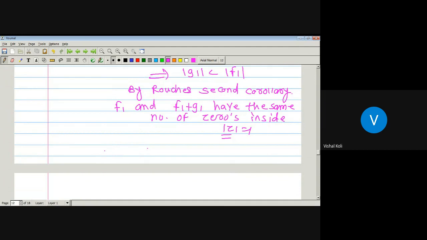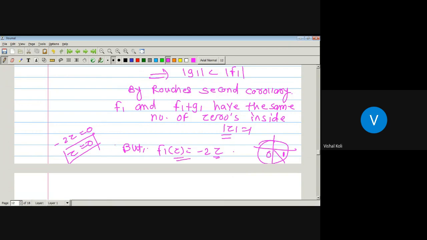Now f1 of z is minus 2z, and the curve mod z equal to 1 is a circle of radius 1 with center 0. This function has only one zero: minus 2z equal to 0 implies z equal to 0. So z equal to 0 is a zero of f1 of z.